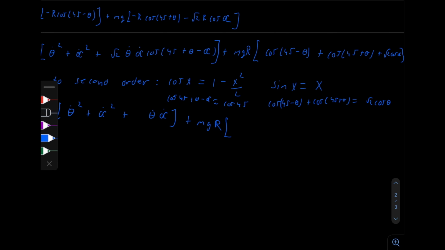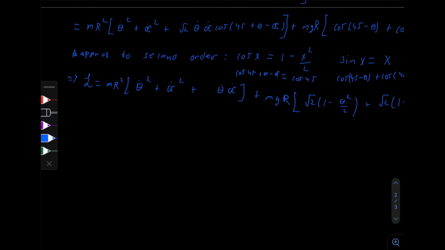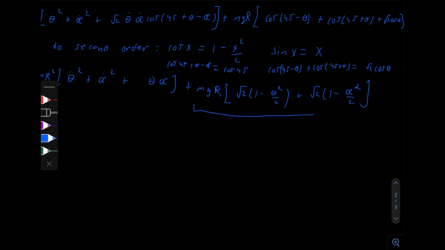Okay, so we have mgr times root 2 cosine theta. Oh, well, remember cosine theta is actually 1 minus theta squared over 2, plus root 2 times another 1 minus alpha squared over 2. So I can write that better. There you go. Let's simplify this part here, or actually just the inside part here.